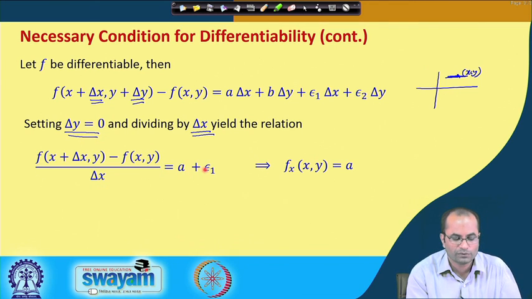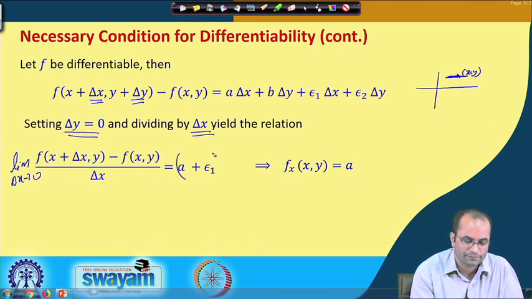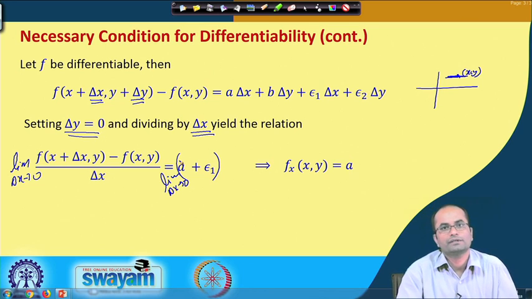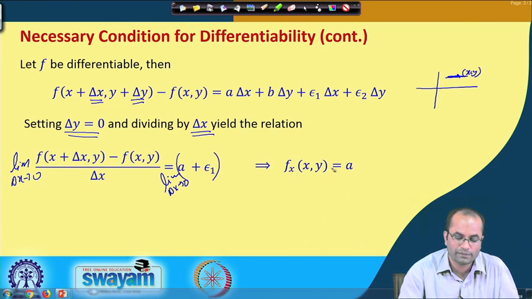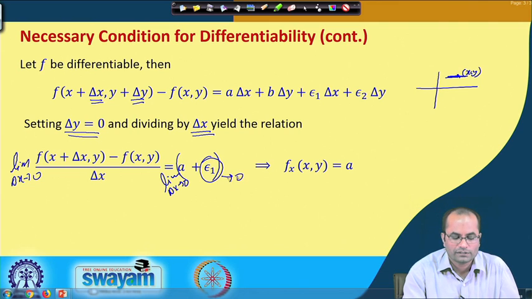We have taken the limit on both sides, so the limit delta x goes to 0 here also. a is independent of delta x and delta y, so this will remain as a and this epsilon term will go to 0 as delta x goes to 0. So, we will get this relation that f_x at x, y is equal to a.